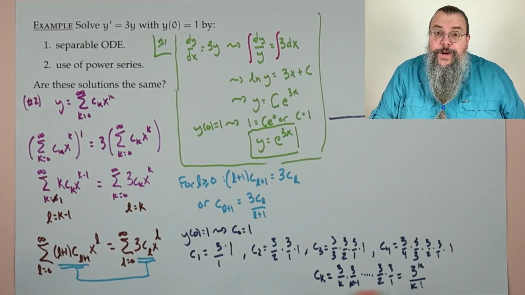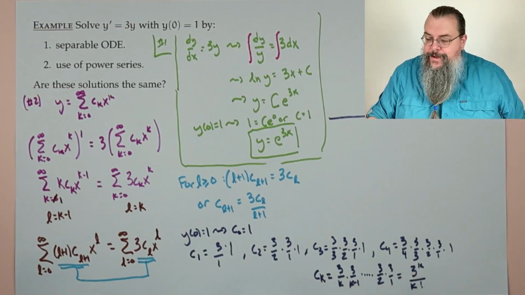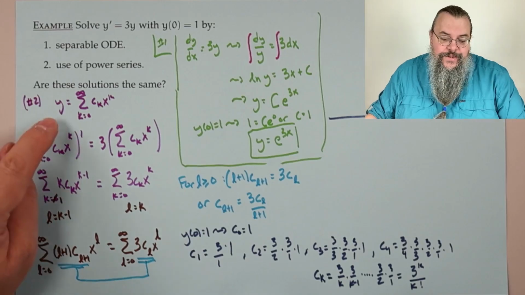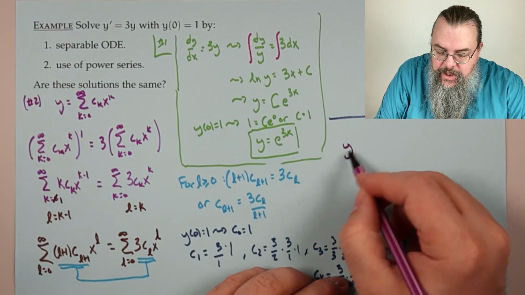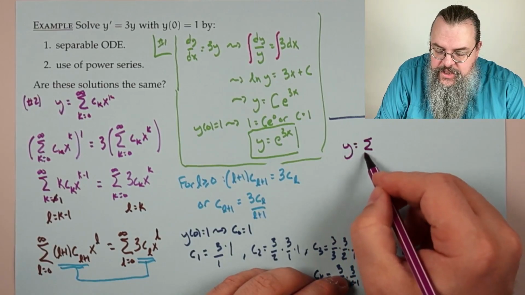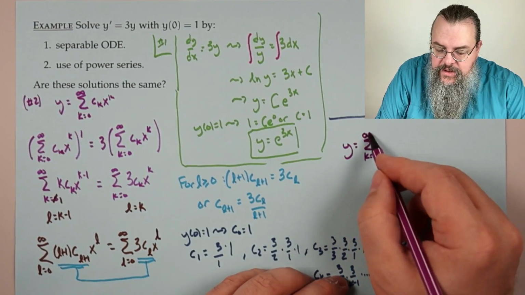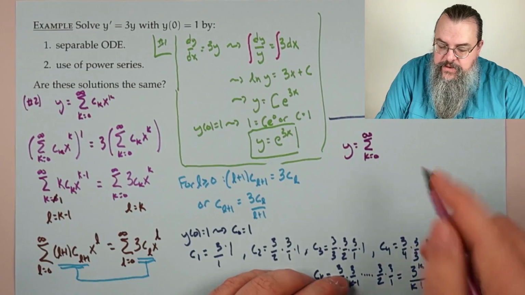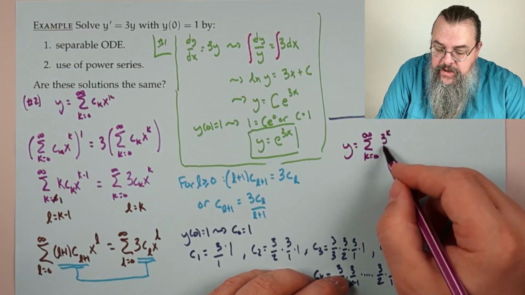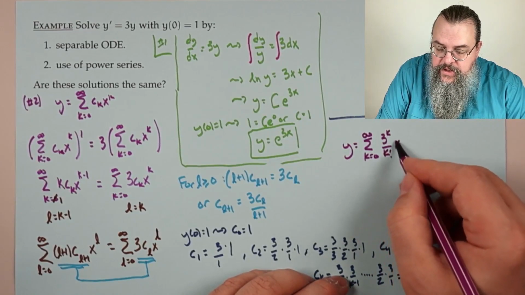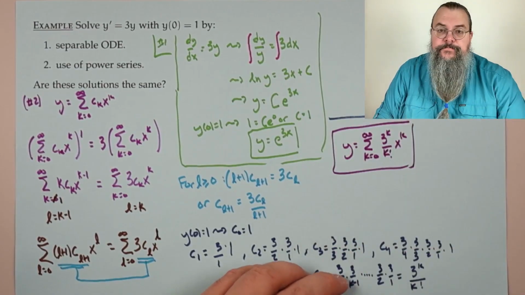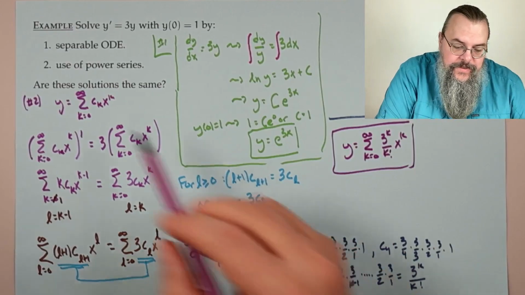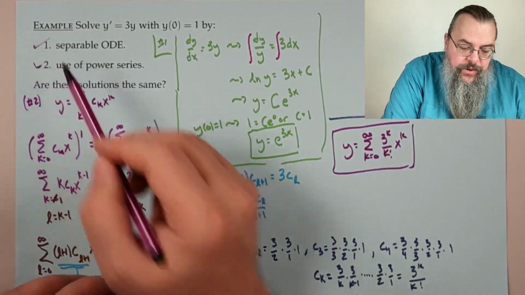We figured out what our pattern is for our C sub K. So we put that into our form. So our answer is y equals the summation k equals 0 to infinity of 3 to the k over k factorial x to the k. All right. Good. So we've done both.